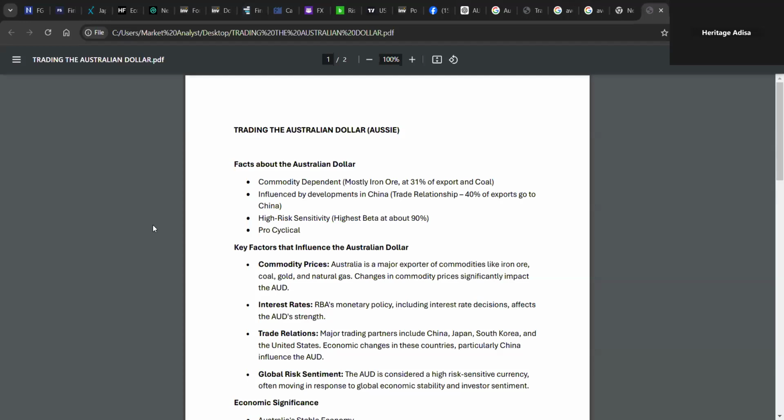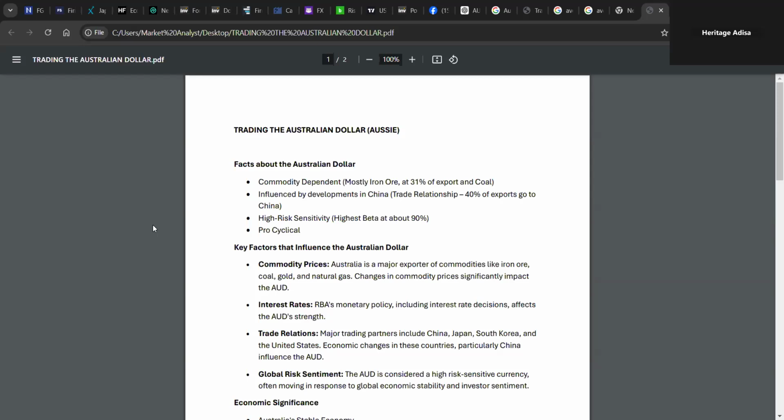Now, understanding the factors that influence a currency like the Australian dollar can stay at the back of your mind when you're doing research. So when you're doing your analysis before you place a trade, and you're seeing information relating to Australia or China or iron ore or coal, or the central bank, the RBA, or interest rate decisions or policies, these factors are things you should consider.